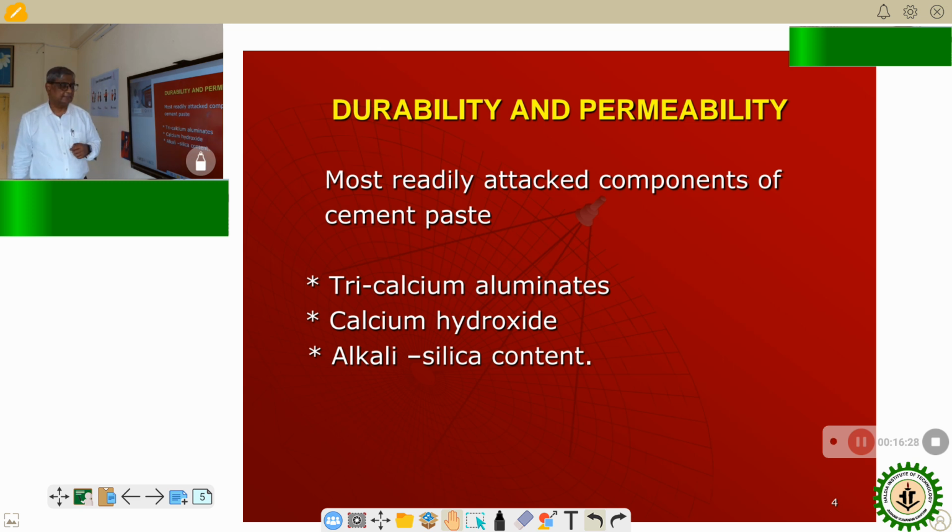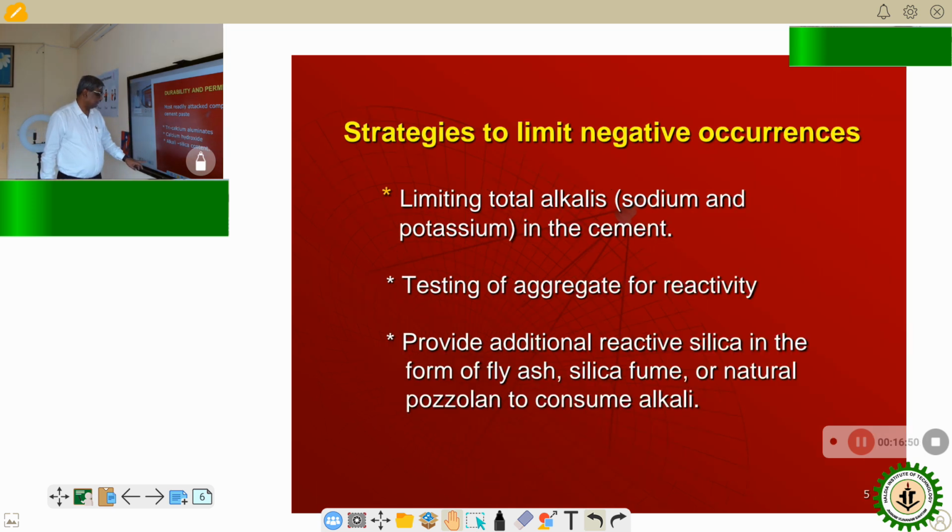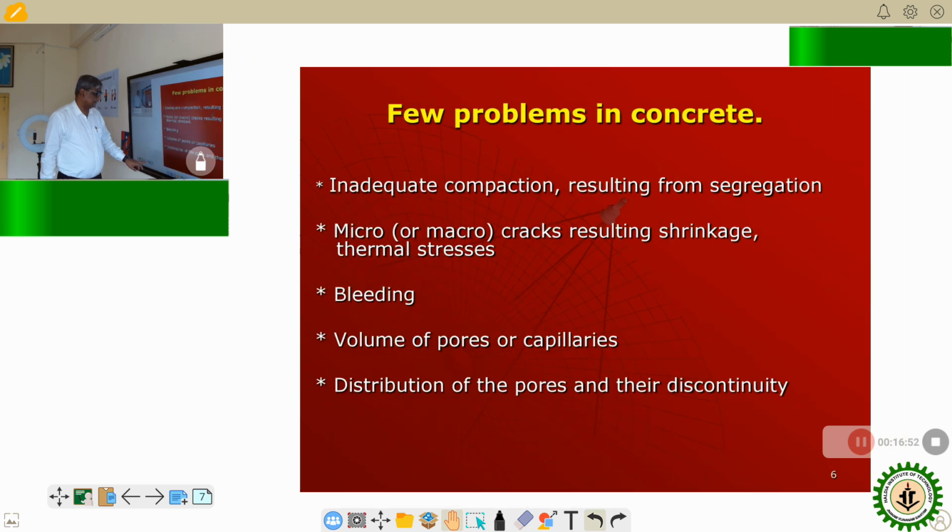Ultimately, concrete will crack. And alkali silica content, that is also important from that aspect, that it must be balanced. Otherwise, this alkali will create problems, right? Of course, silica is a good thing.